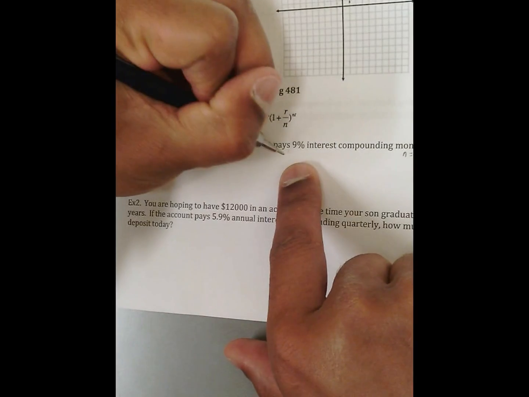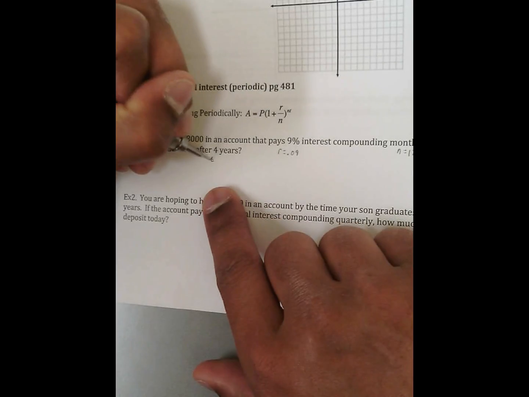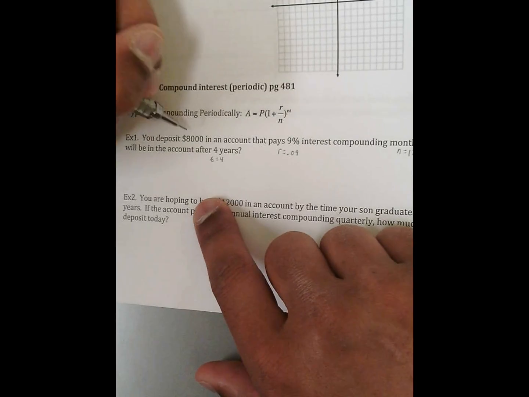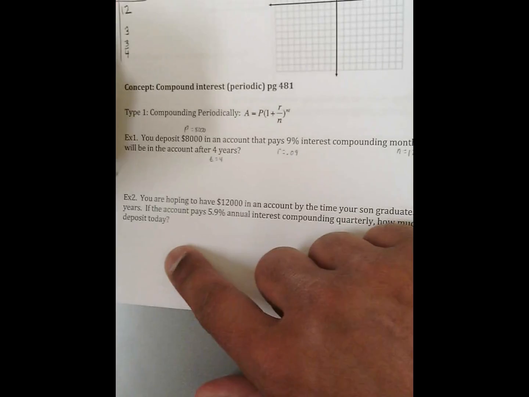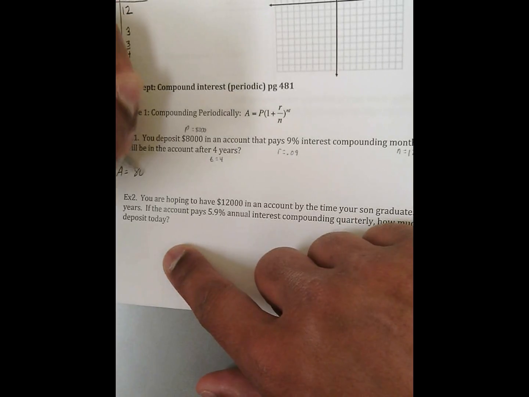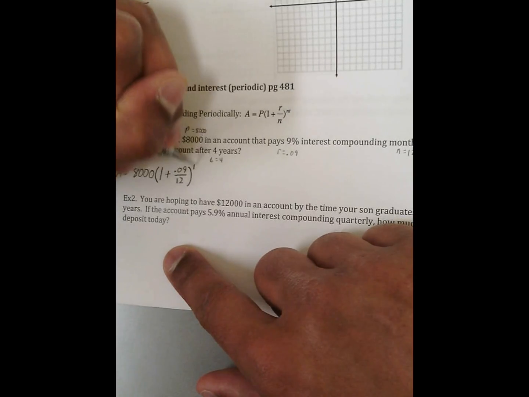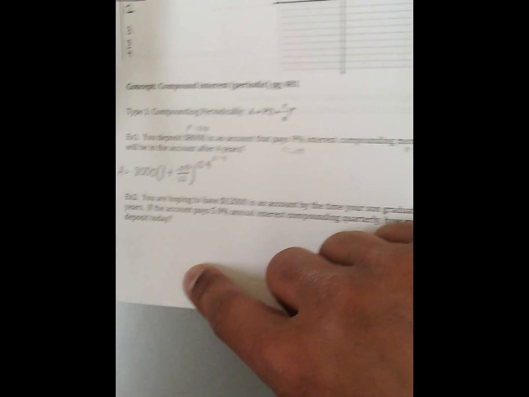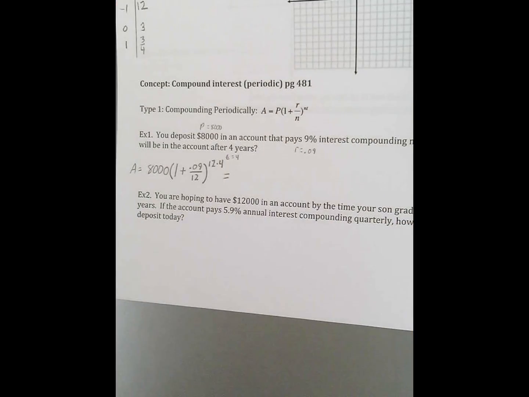Okay, 9% interest means my rate is 0.09. T equals 4. And then my initial value is 8,000. So the final amount, A, is equal to 8,000 times 1 plus my rate of 0.09 compounded monthly for 4 years. So there's my formula. Let me go ahead and throw that in my calculator.